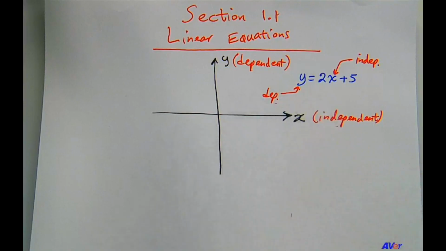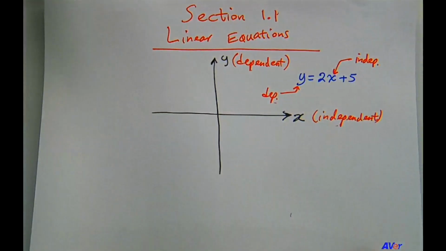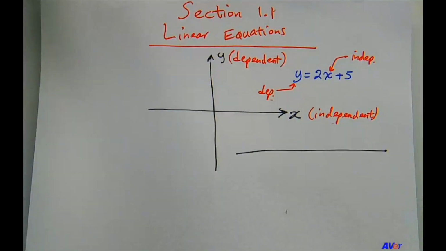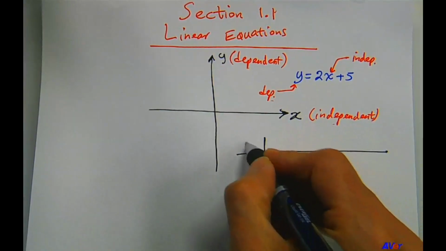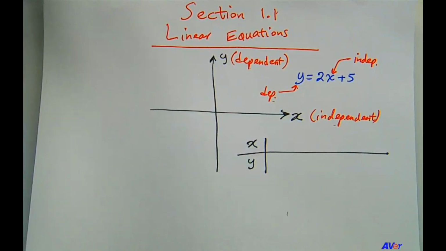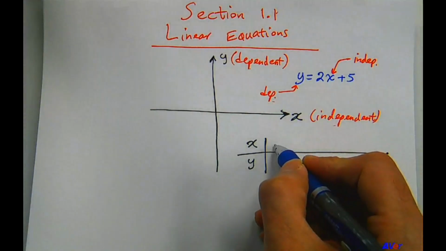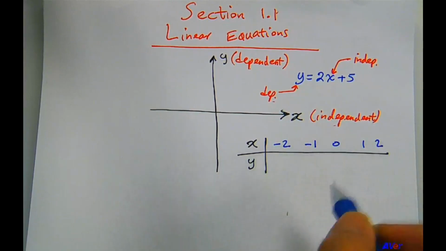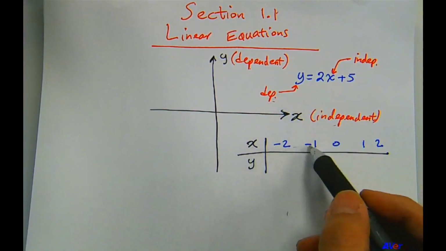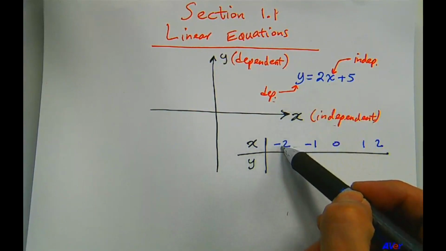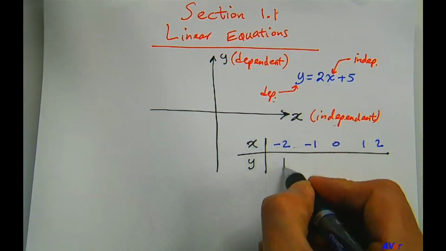We can represent this same relationship using a table of values. So suppose I draw a quick table here and I say this row represents x values and the bottom row represents the y values, and then let me give a few values: -2, -1, 0, 1, 2. And if we plug these values of x into this equation, for -2, we get 1.